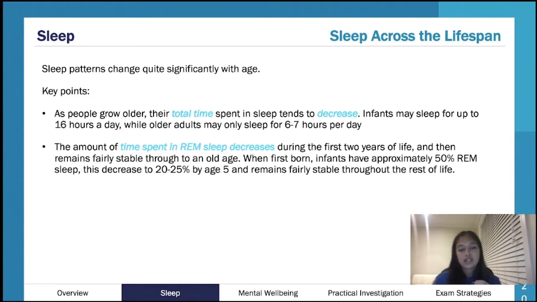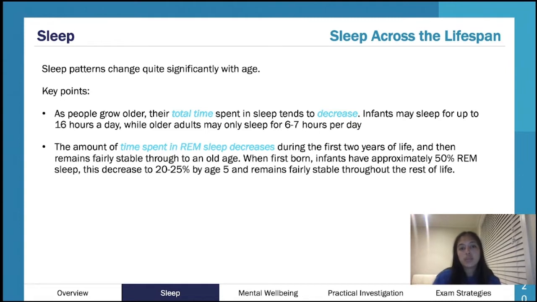So remember that REM sleep decreases in proportion. I feel like this is a nice word to think about so you don't get confused. I always used to try to think in my head when I was thinking of these questions, am I thinking about time or am I thinking about proportion? So with the other graph that we looked at, when you go to sleep over one night, the time, so the amount of your REM sleep is increasing.